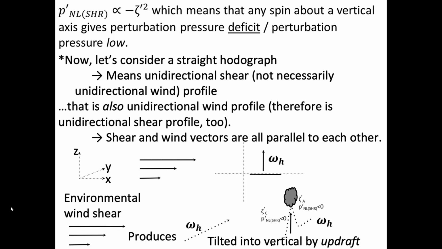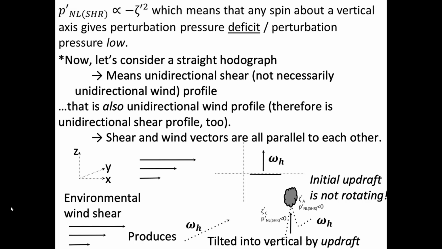However, in both cases, we're going to have that perturbation pressure deficit is going to be negative regardless of the sense of rotation. And remember, that is going to be associated with the process of tilting of that horizontal vorticity.